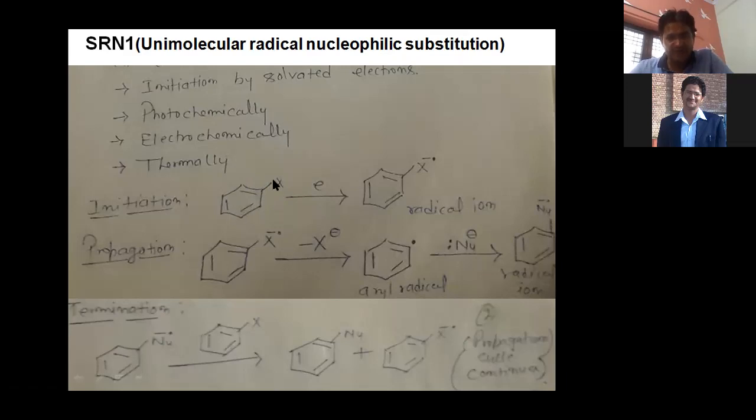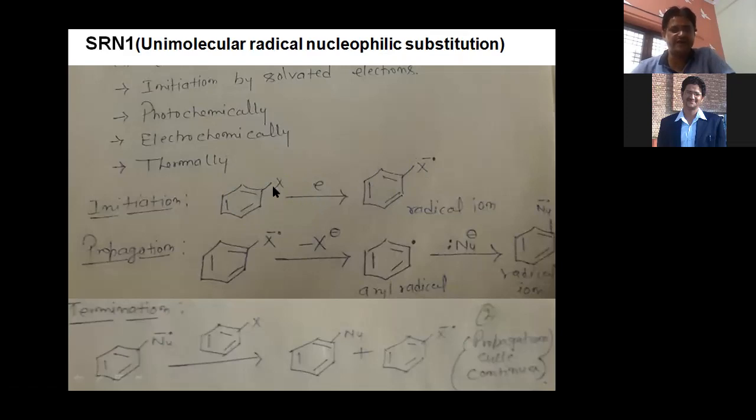When halobenzene reacts with a solvated electron, it converts into a free radical. When the electron comes here, it comes in the form of a radical. If there is an unpaired electron with any molecule, that is called a free radical.